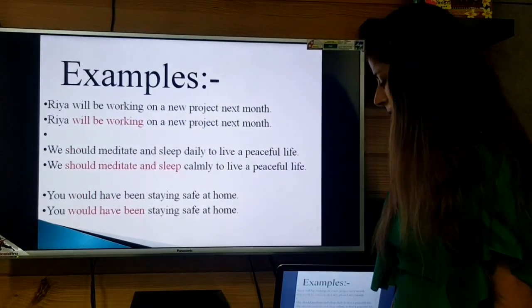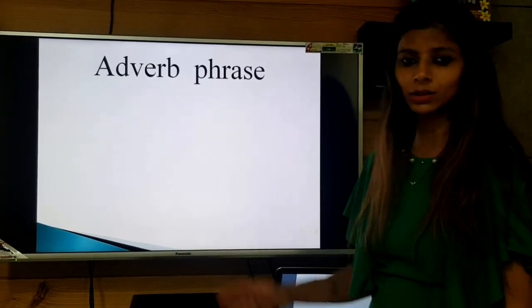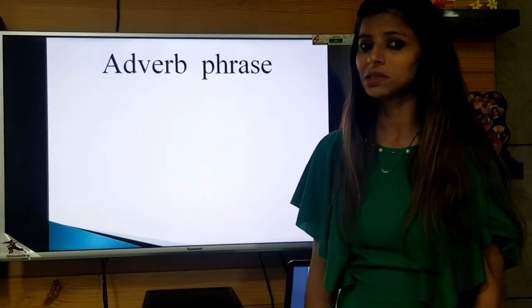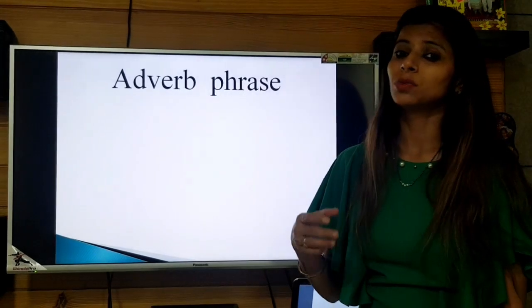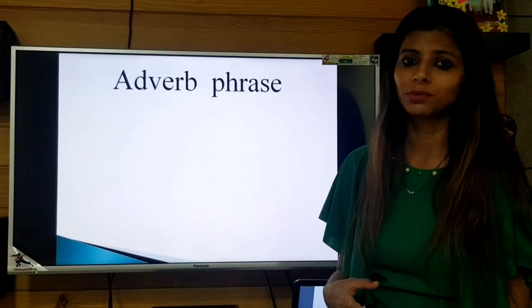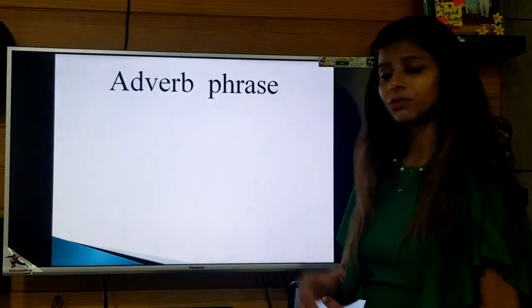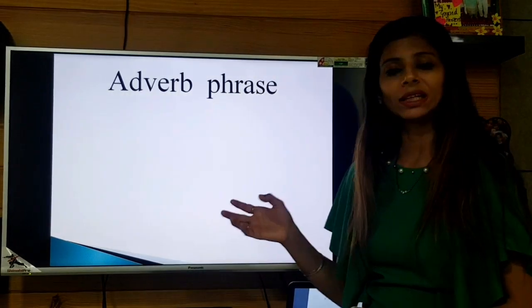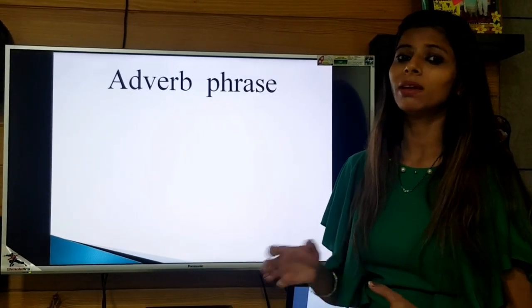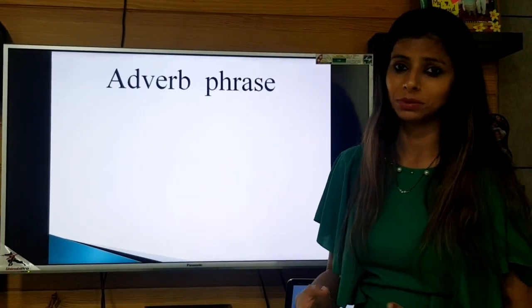So now we'll be shifting to another category, which is adverb. And I'm sure that you remember this term. What is an adverb? An adverb is a word which modifies a verb. So when we know the meaning of phrase, that a phrase is a group of words, then definitely an adverb phrase would be a group of words which are modifying a verb, right?